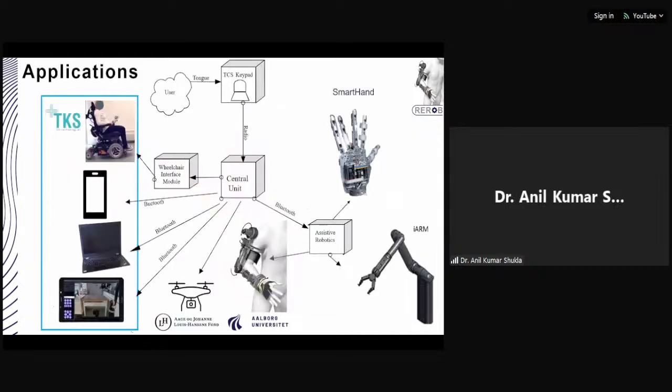The system is available as the product iTongue, which can control wheelchairs and computers, and we have also done research on controlling drones, prosthetic and assistive robotic manipulators, and exoskeletons.